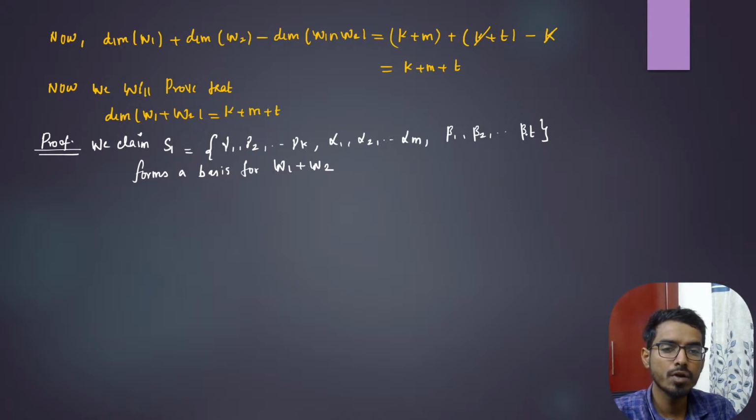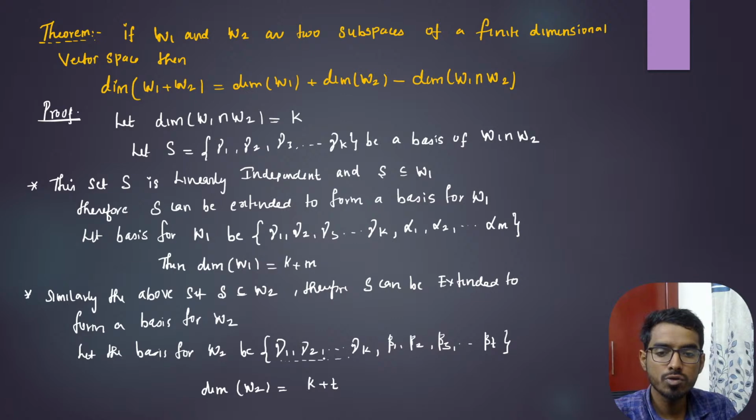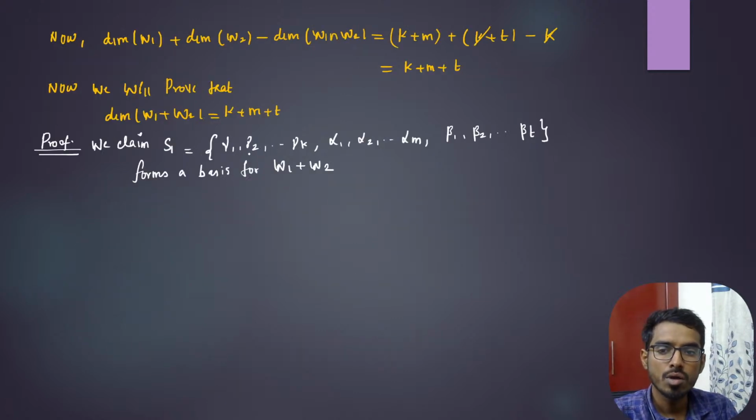And beta 1, beta 2 up to beta t are the extension vectors of W2, so that it is a basis for W2. Now, if these vectors form a basis for W1 plus W2, then the dimension is nothing but k plus m plus t.